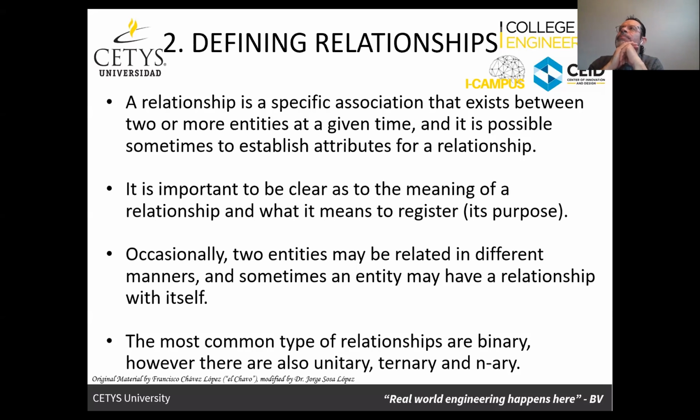The relationships, eventually, we're going to put numbers to them, because relationships can be represented in many ways depending on the particular situation and how many instances can be created of the particular relationship and the entities associated to it.